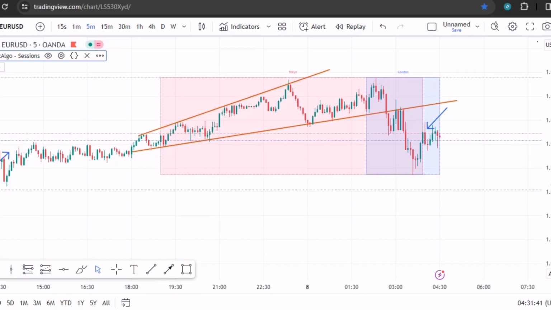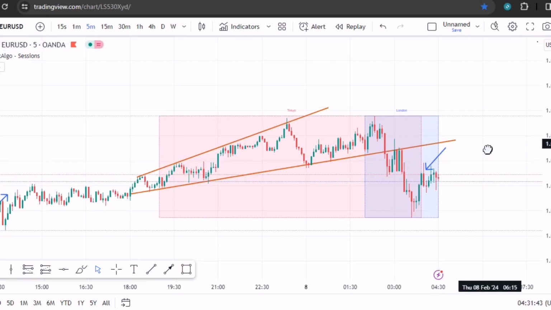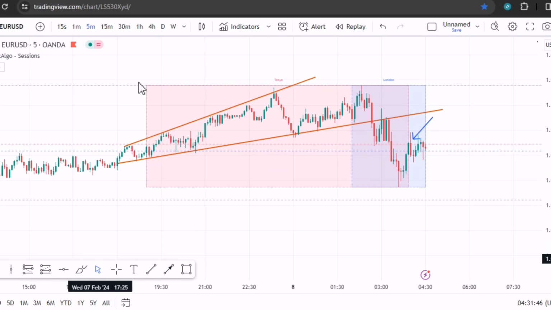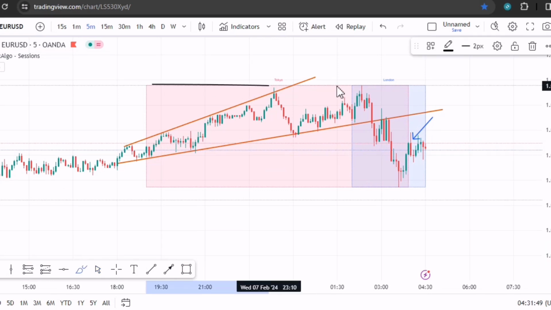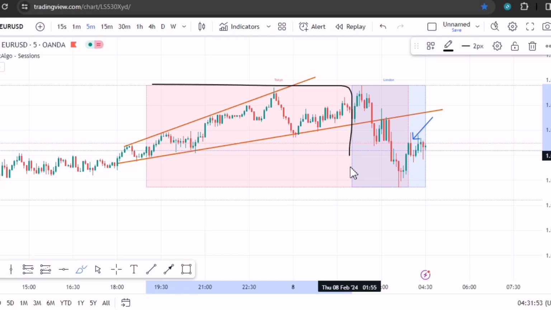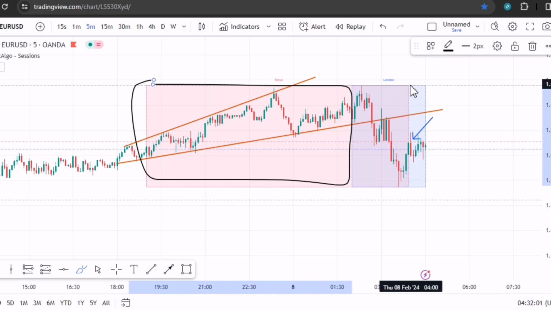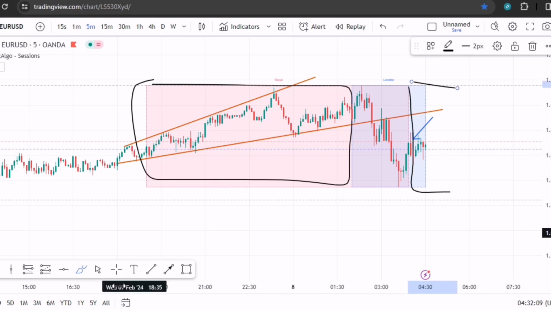So right here, what you want to do, traders, is do your analysis on the Tokyo session to the beginning of the London session. Okay, this is where you do your analysis, and you are going to be placing your trades from the end of the Tokyo session into the London session.